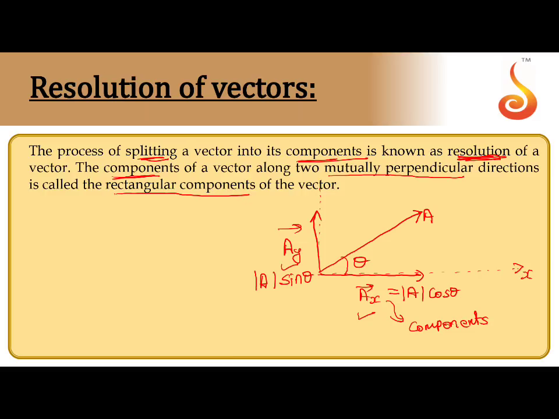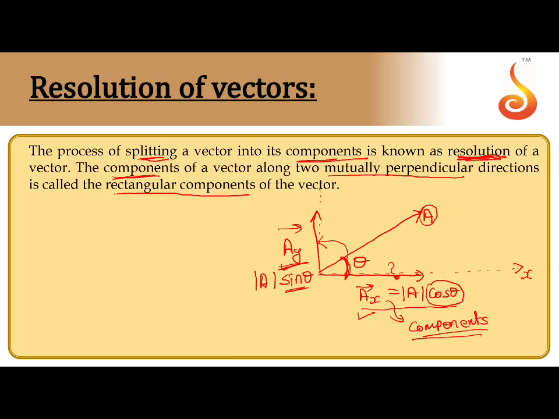Remember that when you are splitting a vector A into two vectors, those two new vectors are called components. The component which is adjacent to theta will have cos theta. The component which is opposite to theta will have sin theta. Now they are also vectors.